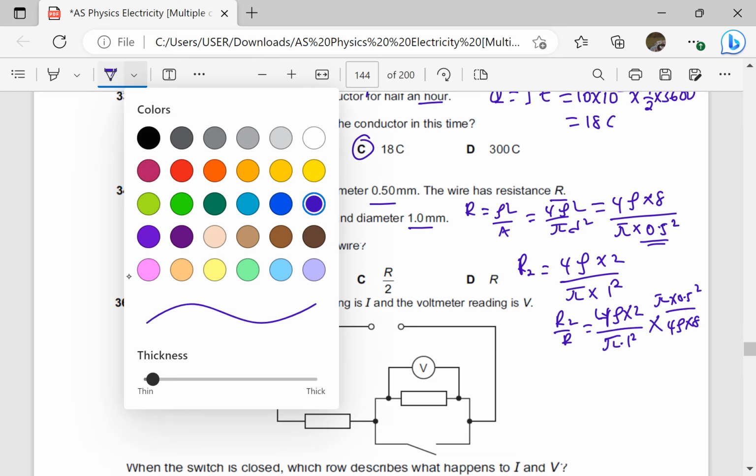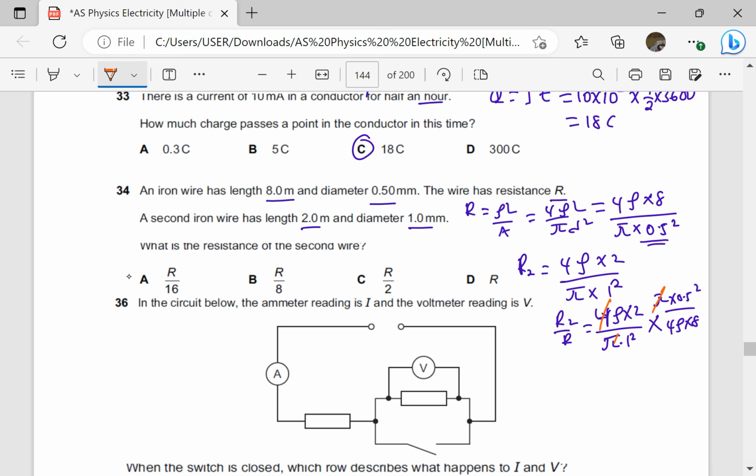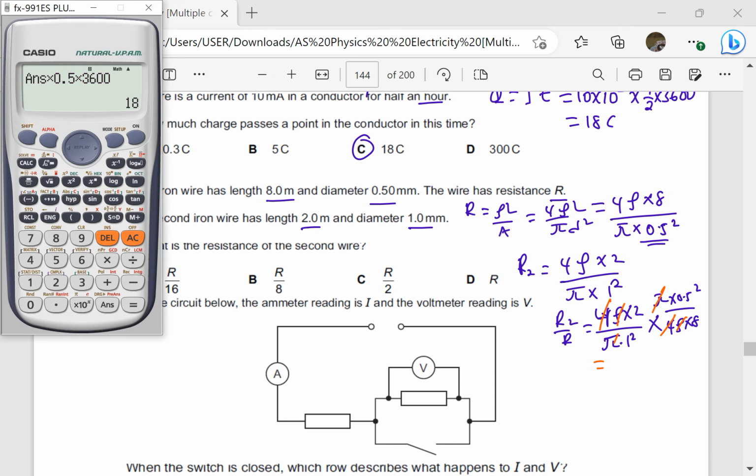I'll change the color so that I cancel out some things. So pi is out, 4 is out, rho is out. I am remaining with 2 times 2 times 0.5 squared, which is 0.5.